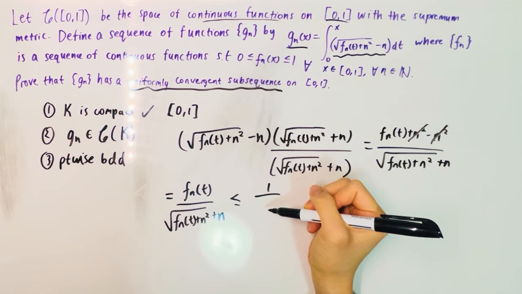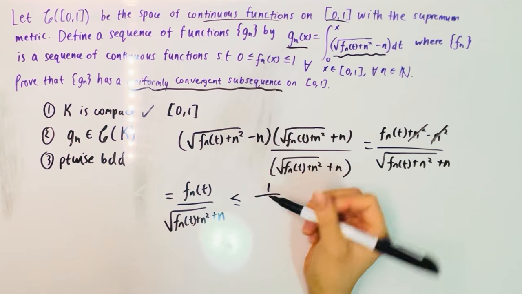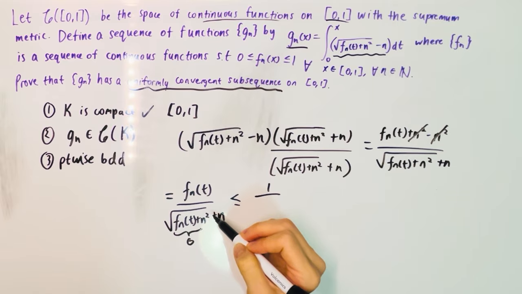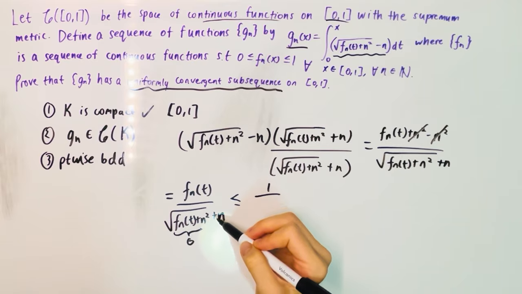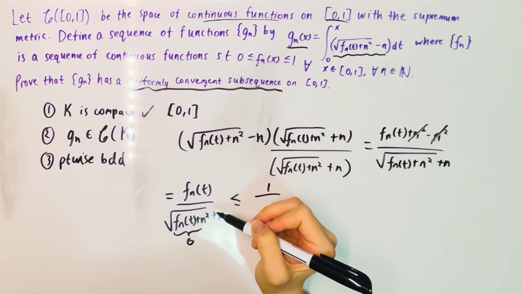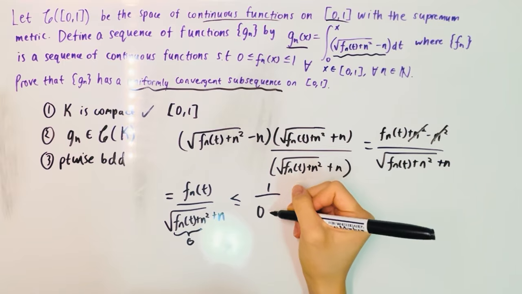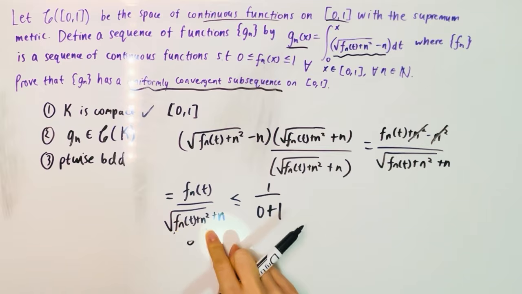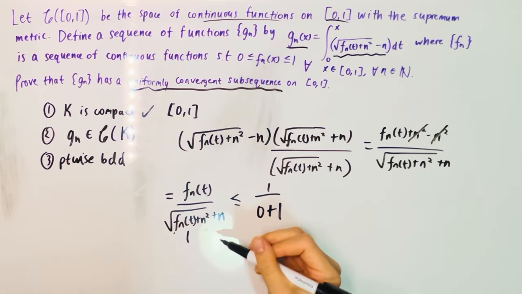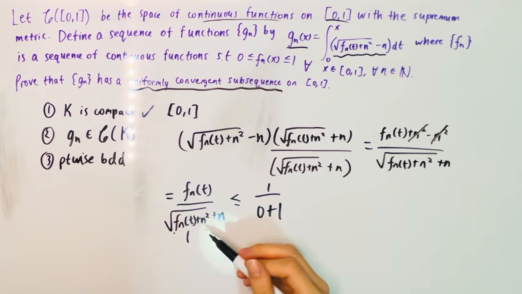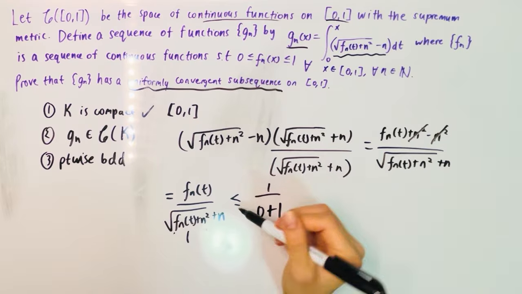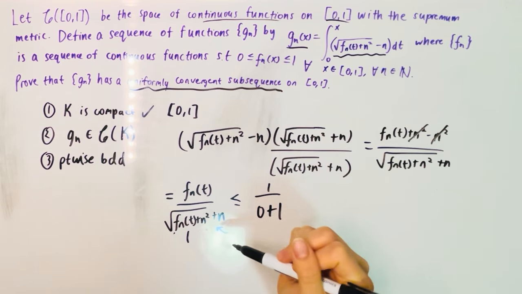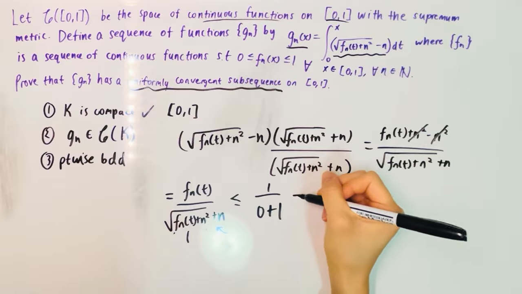And the denominator is bounded below by 0, since n has to be a natural number, so the smallest it can be is 1, or it can't even be 1 actually. So it's bounded above by 1.